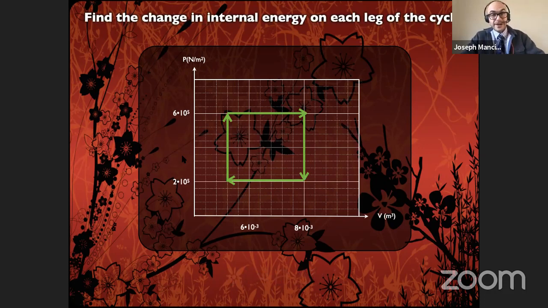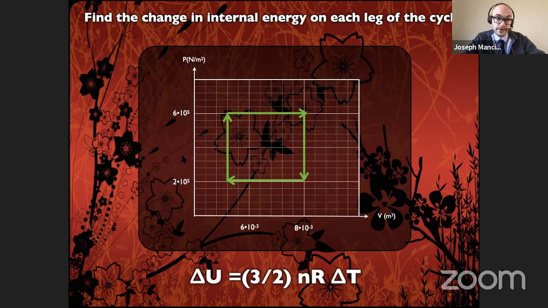I'm hoping you're able to find the change in the internal energy of the gas, knowing that U is 3/2 nRT, or that the change in U is 3/2 nR delta T. Well, we know delta T, we know n, and we know R, so calculating the change in the internal energy of the gas gets us those answers.